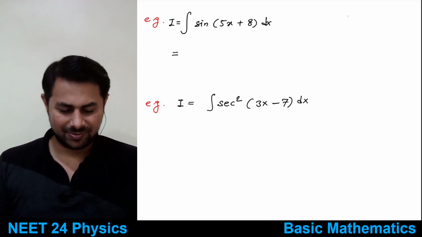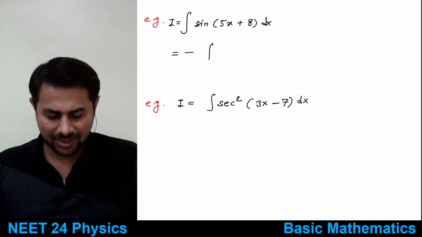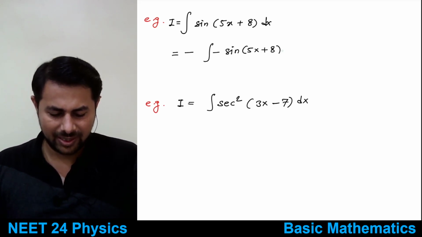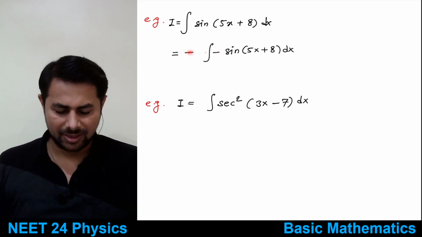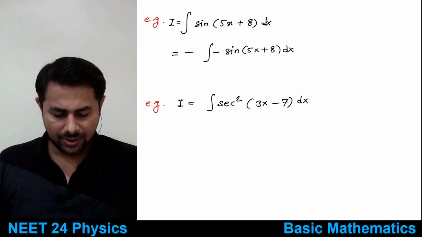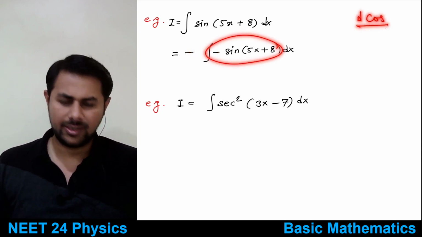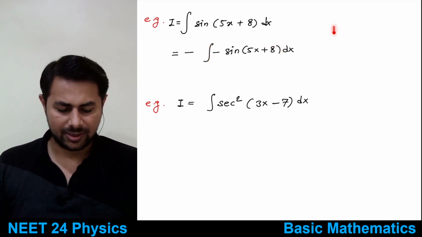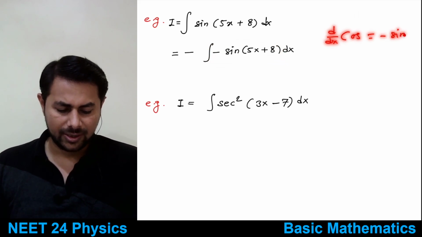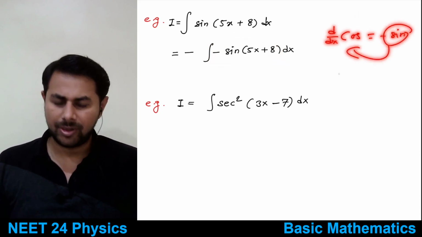So I can write this as minus of minus sine of 5x plus 8 dx. I am multiplying with minus minus, so minus minus is plus. The derivative of cos is minus sine, d by dx of cos is minus sine, therefore the integration of minus sine would be cos.